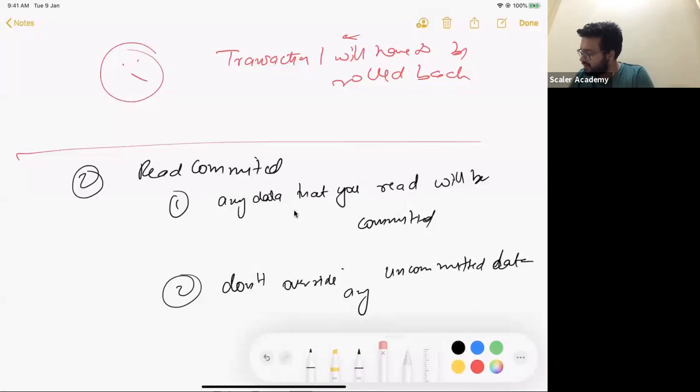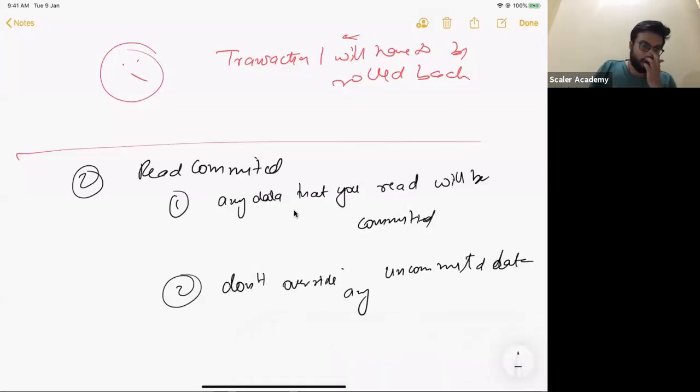So they are not going to override any uncommitted data. What does it mean? It means that let's say there is some transaction which is going to update some value. And let's say some other transaction comes and it also wants to update the same value. Does that make sense, folks? Same or similar elements in similar rows, or similar kind of data. You would not want to do that.